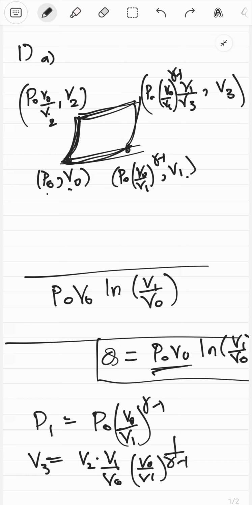Okay. A natural log, unfortunately. This is not cool. So we want the heat input, right? And that's certainly just this thing. We can't even do anything with it, right?